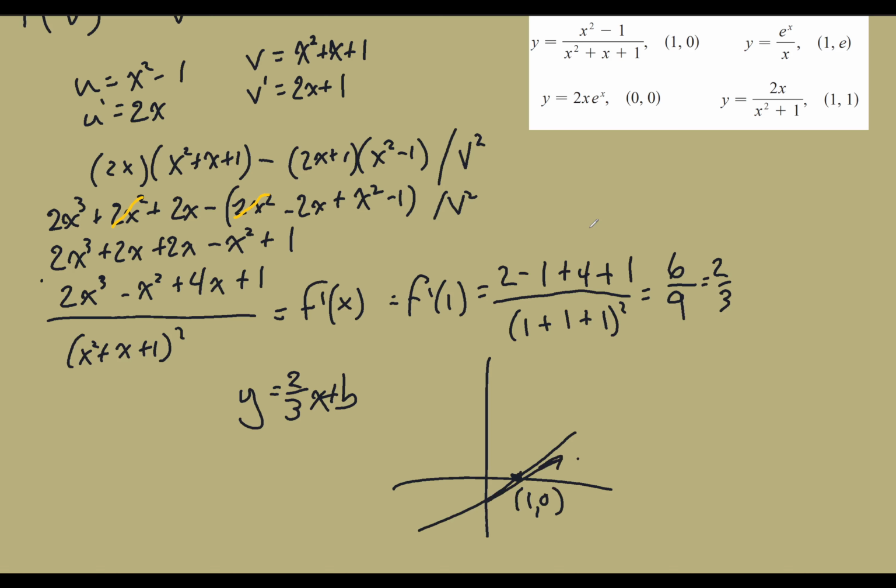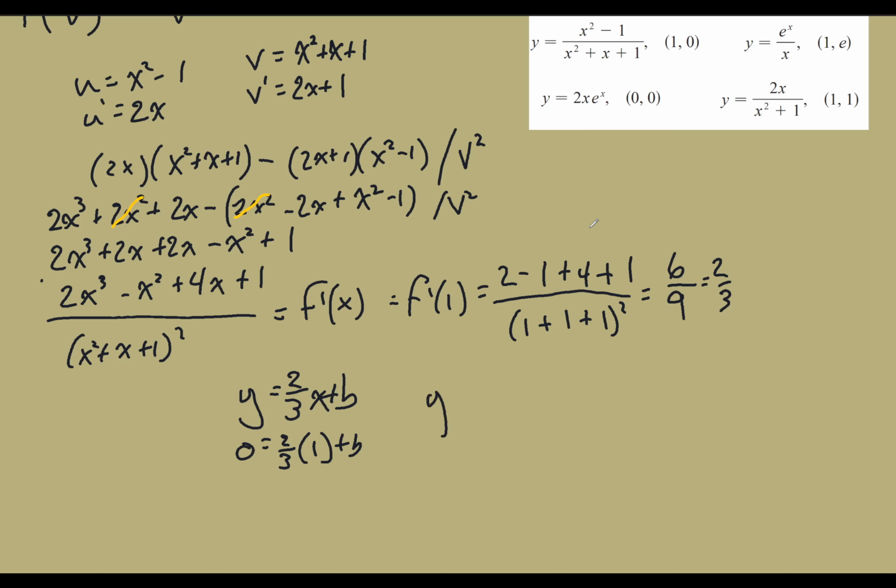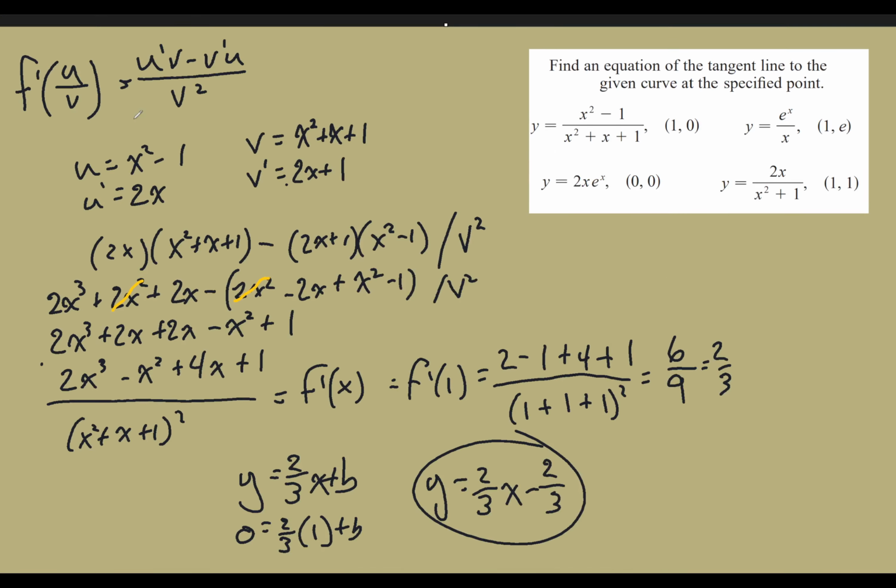The slope of this is going to be 2/3. Right? So we just need to find the y-intercept. So we put in 0 equals 2/3 times 1 plus b. b subtracts, you get a negative 2/3. So our answer for this would be y equals 2/3 x minus 2/3. That's the answer for the first question.